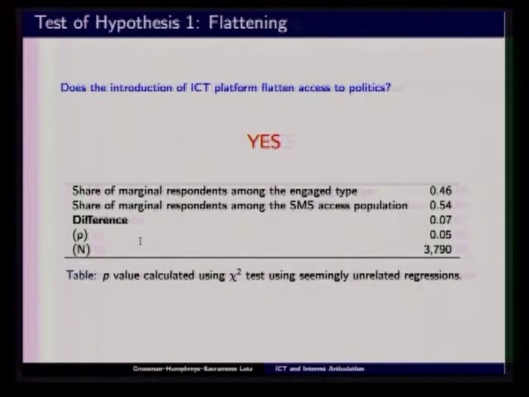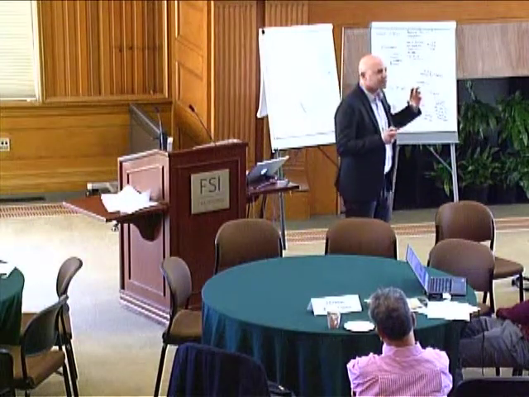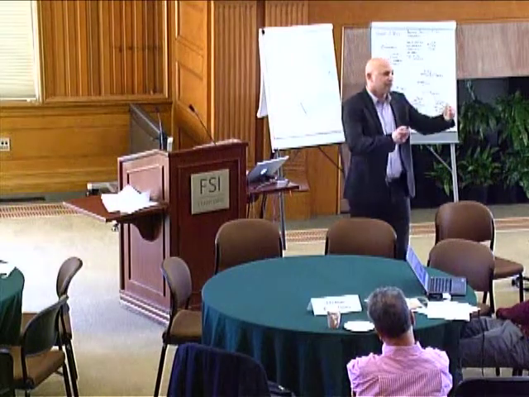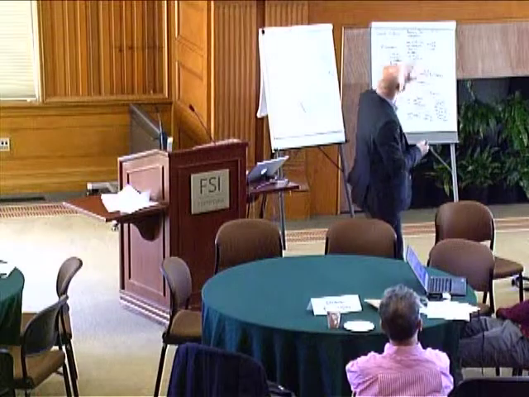Then we do the following. We look at the share of marginalized respondents among the SMS users, and we look at the share of the marginalized respondents that were coded as engaged using existing channels of access. For us, the platform can flatten access if we see that the share at the bottom will be larger.